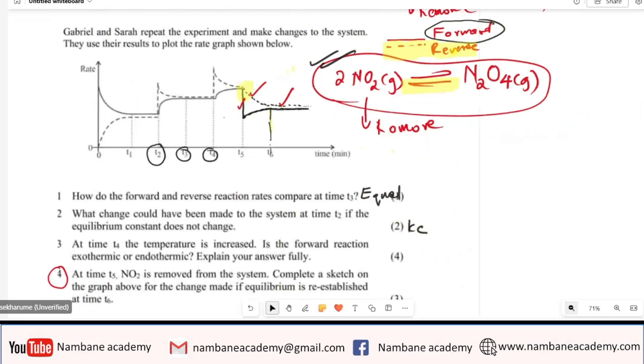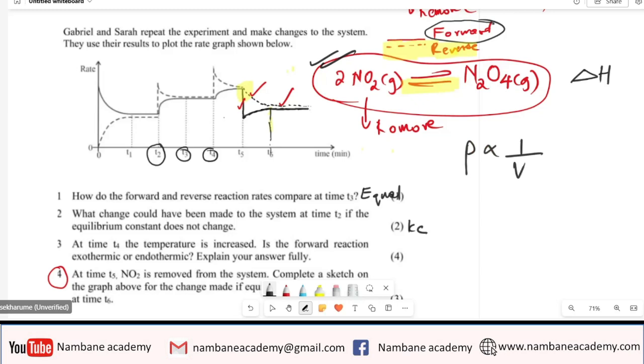So let us look at if there is a pressure change at T2. Now the delta H is a problem. Let me check if there's a pressure change there. The pressure is in proportion to the volume.